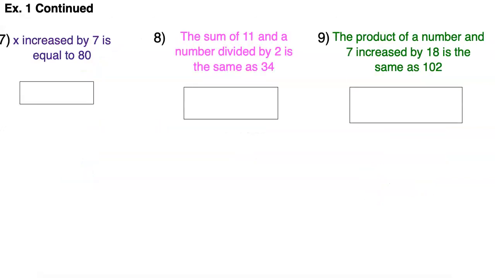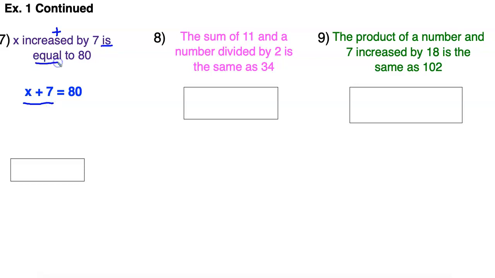All right, we have a few more here. X increased by 7. Now, increase by means to add. So we're going to take X, and we're going to add 7, and it says it is equal, so is equal to 80. Okay, our next one, the sum of 11.